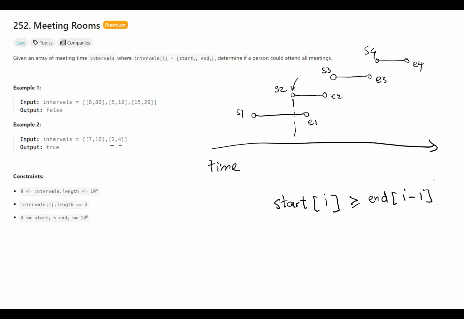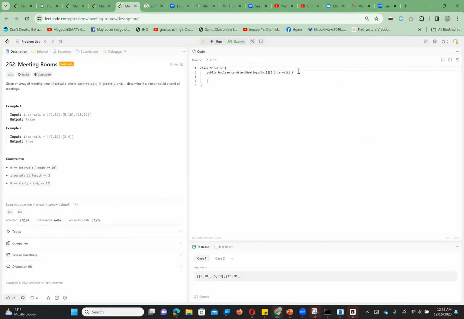So every start time has to be, sorry, after the previous end time, right? So one meeting stops, then I start another one. That meeting stops and then I start the other one. This one stops and then I start the other one.